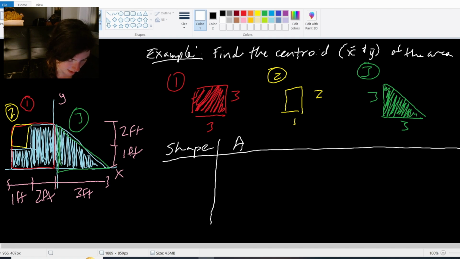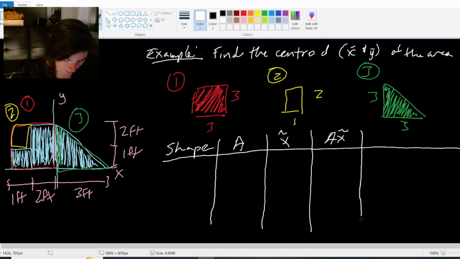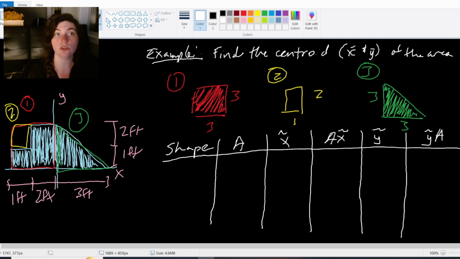Shape, A for area, my x tilde for each shape, A times x tilde, my y tilde for each shape, and then y times A. So those are all of the components that I'm going to need to plug in to my centroid equations.